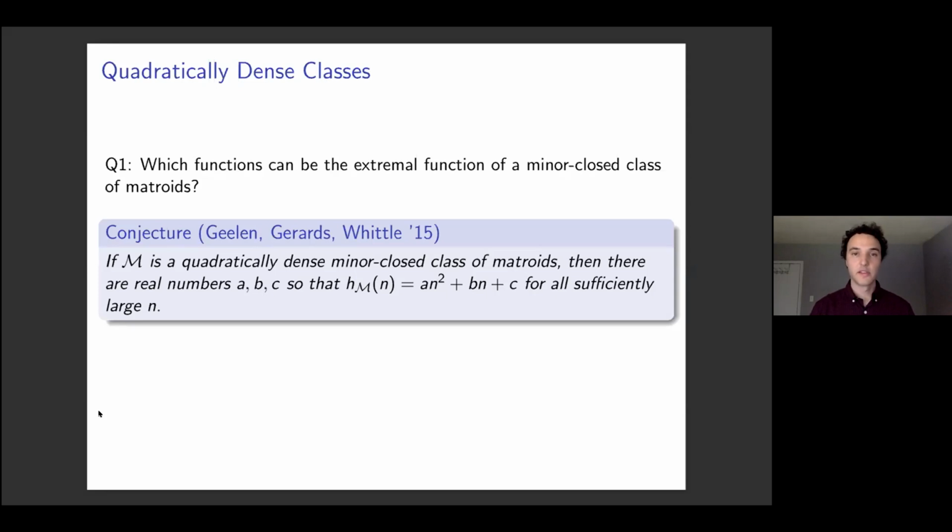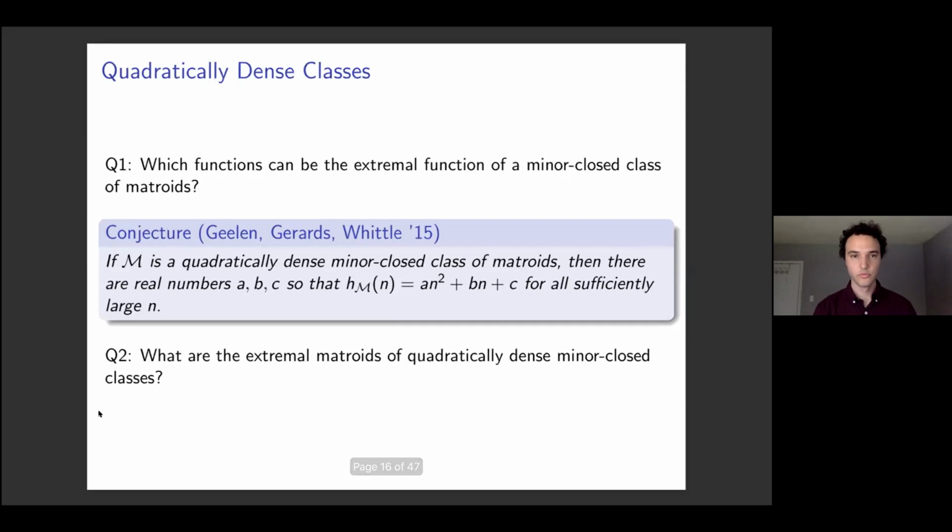However, that does lead us to another question, which we can use as a first step towards this conjecture. And maybe this question is a bit more open-ended. Here it is. What are the extremal matroids of quadratically dense minor closed classes?